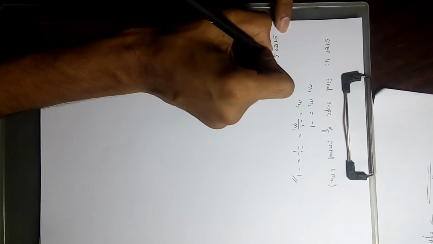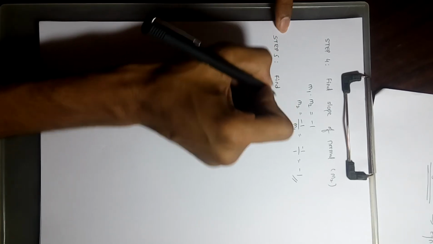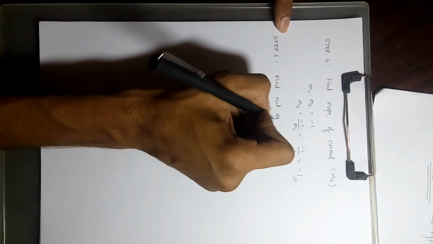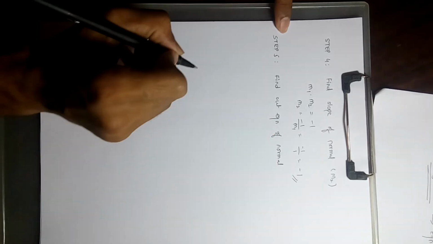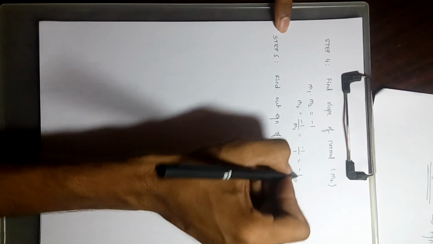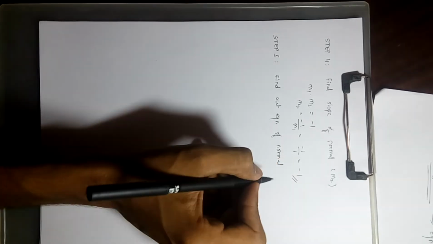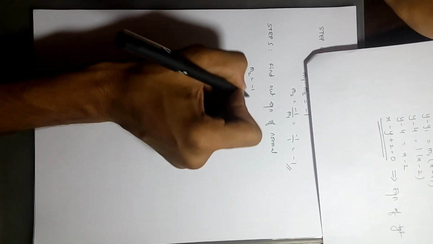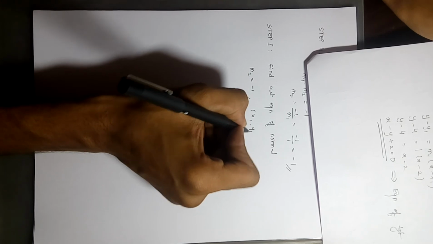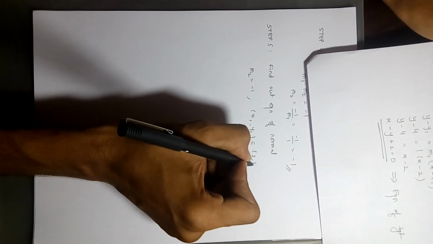Step 5, I find out the equation of the normal. Right, now I have m2, I have the point, same point as over here, (2, 4). So I have m2 equals -1, x1, y1 equals 2, 4.